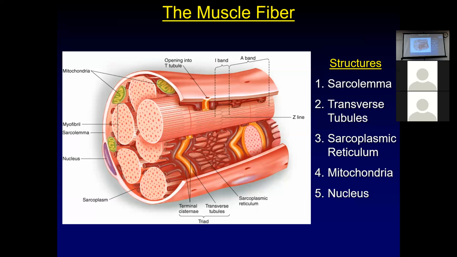Their function is to take a signal from the outside, on the sarcolemma, and bring it down into the inside of the muscle fiber so that we can tell something to happen on the inside, which causes things in the individual sarcomeres and proteins to happen. So a T-tubule is a signaling structure.